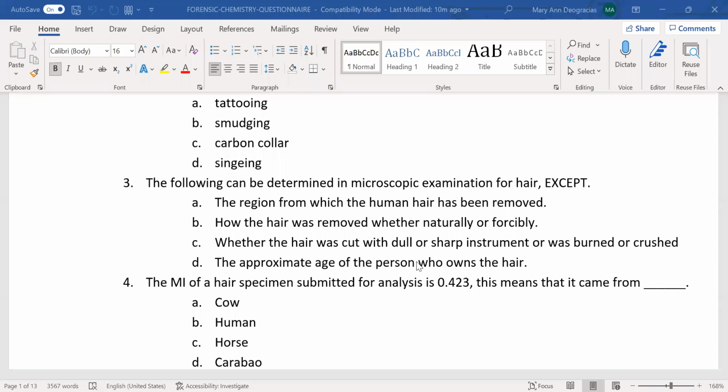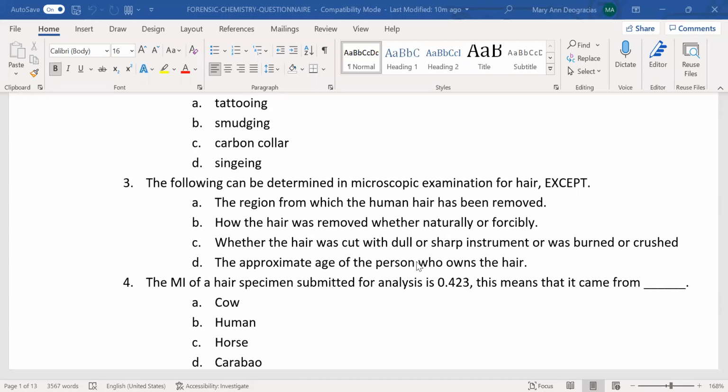Tapos yung letter A, B, C, these are done using the microscopic examination. Okay? So, kasi baka mamaya isipin nyo, kasama yan sa test for hair. But it is considered as a chemical test for hair. So, chemical test yung letter D, yung A, B, C, those are all microscopic examination.